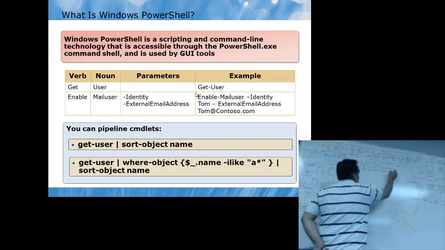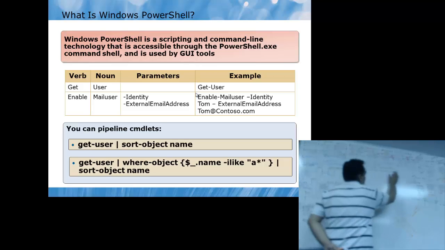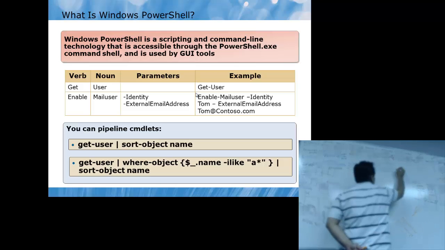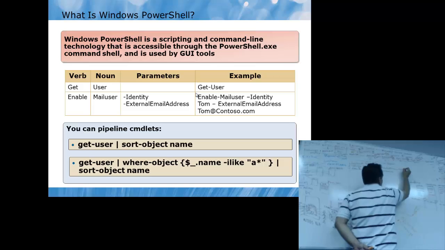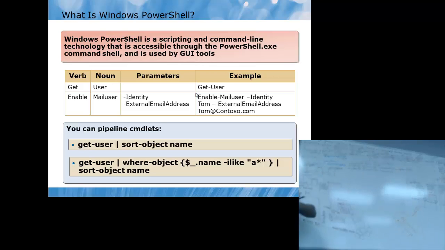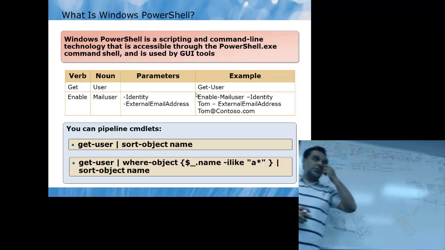Now, how do you verify? You verify it by opening EMC. So this is how you verify. You verify by opening EMC. If EMC opens and shows you the summary of everything, it means your Exchange is installed properly.